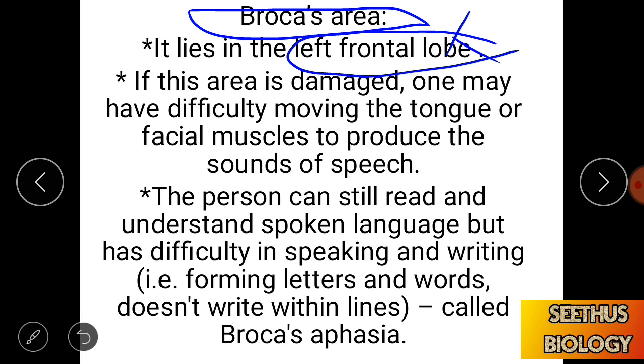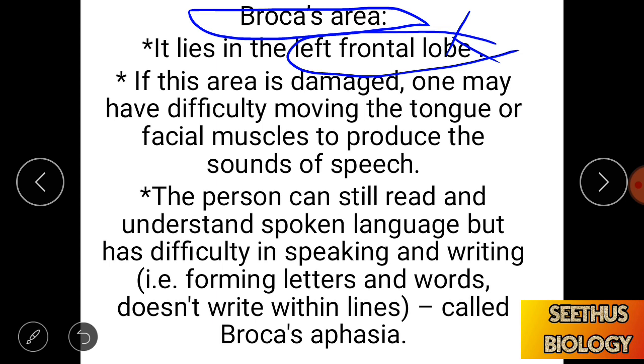Our tongue may not move, and our facial muscles do not produce sounds for speech. While we speak, our muscles help us move our mouth up and down, but because of damage to Broca's area in the frontal lobe, those muscles do not help our mouth to speak.